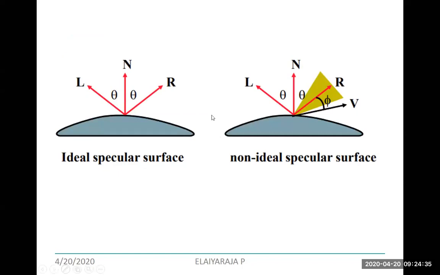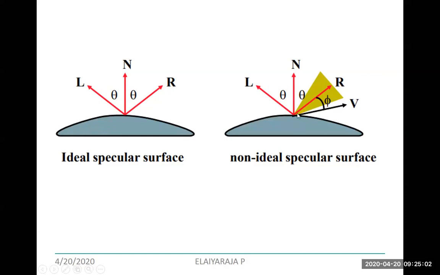ideal specular surface, where the light source hits the surface, if it is a shiny surface, and it does the reflection, and here you are going to see the normal vector, the light source hits, and the same you can see the mirroring in the reflection, right?